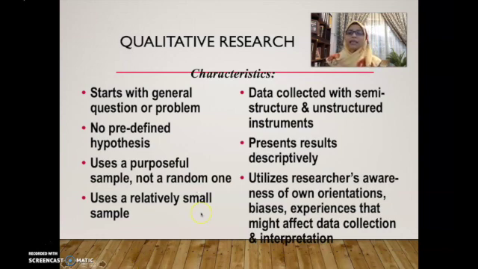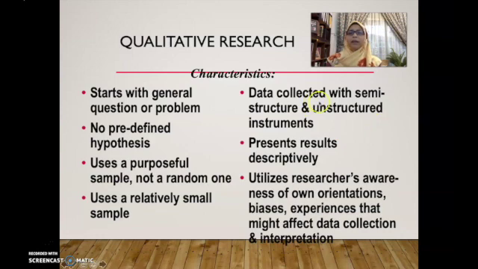It uses a relatively small sample because we use purposeful sample or convenient sampling in order to collect the sample or the participants involved in the qualitative research. Therefore, we don't require a huge number of samples for qualitative research.